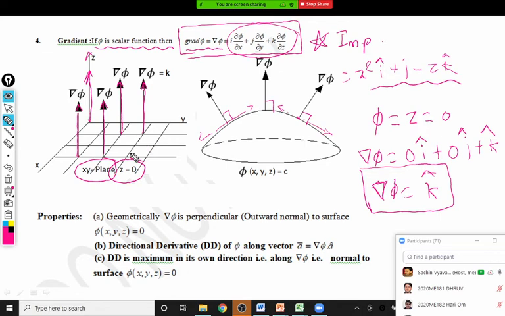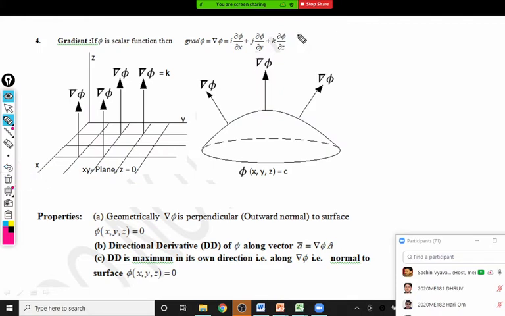So the first thing, the definition, is important. Next, the direction of del phi is always perpendicular to the surface. That is the second important thing.